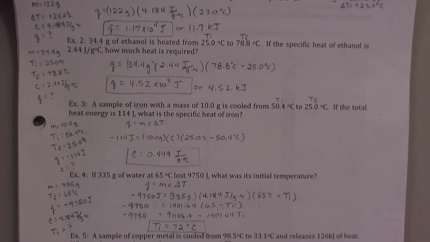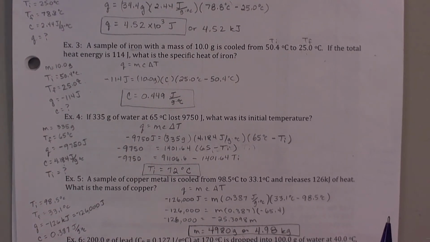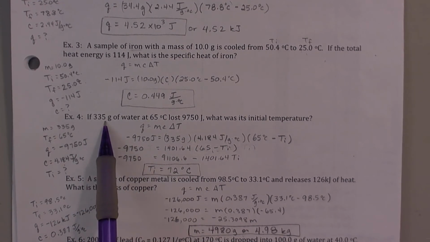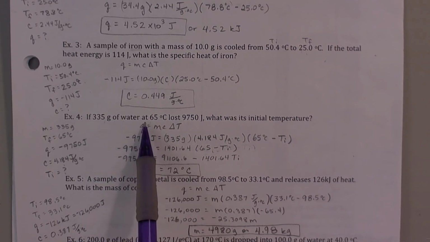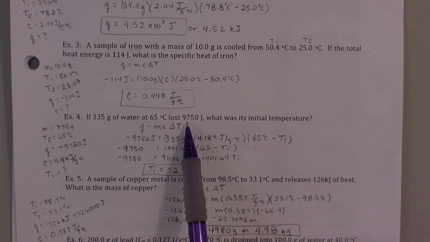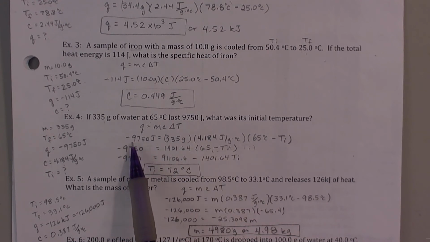Let's look at number 4 and number 5. Well, number 4, it gives you a mass in grams. It gives you your final temperature. So it says a mass in grams at 65 degrees Celsius. It lost 9,750 joules. So that means it's a negative 9750 joules.